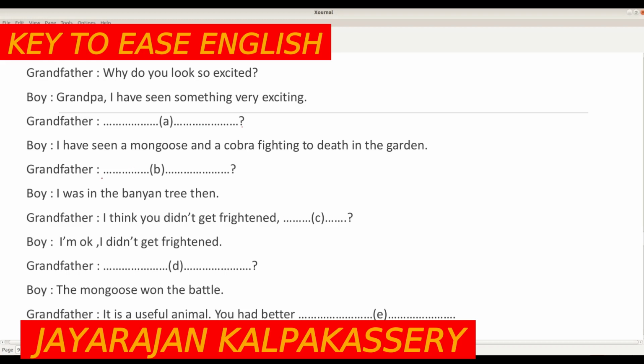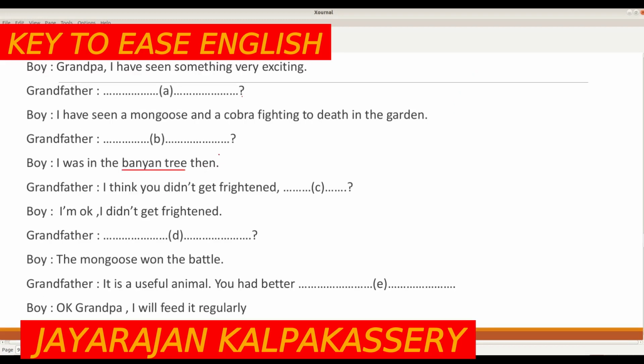Next one, grandfather is again asking a question. I was in the banyan tree then. So the answer will be, where were you then? That will be the question. I think you didn't get frightened. A comma is here and a short blank is here.